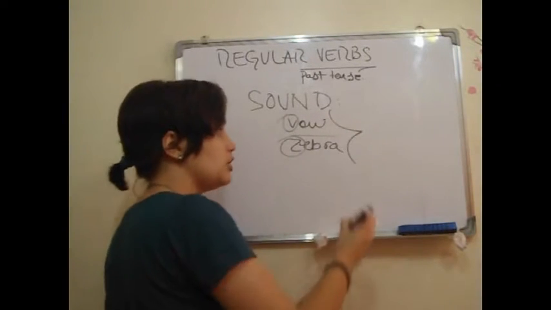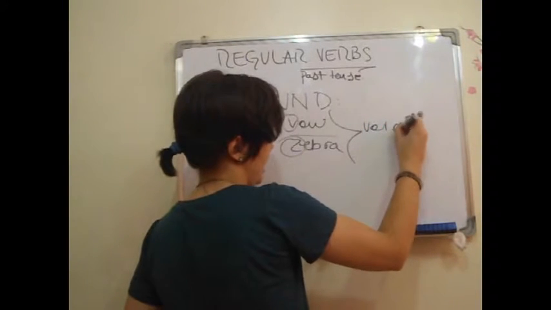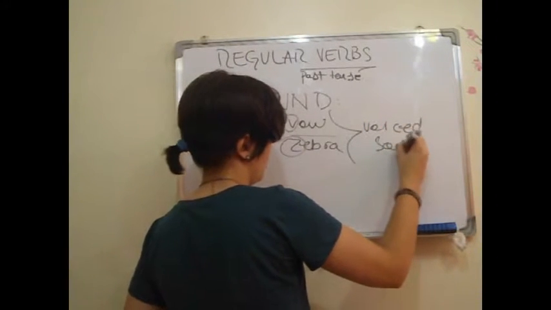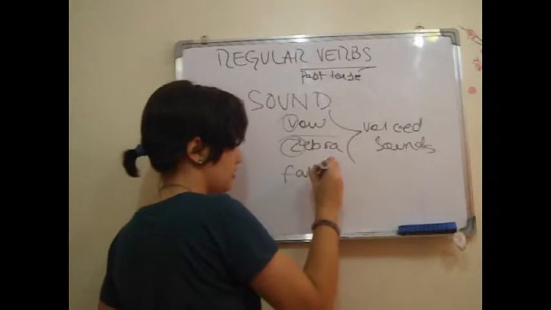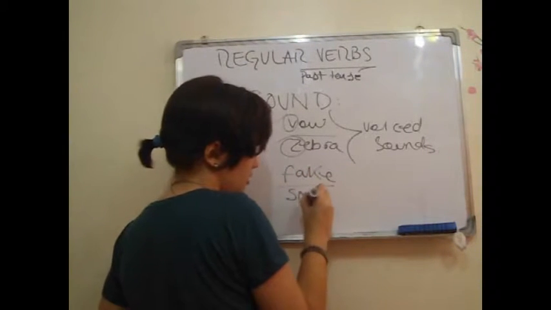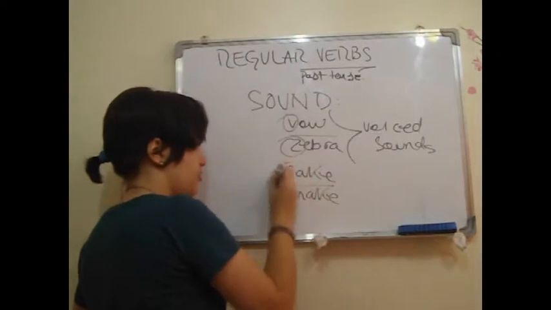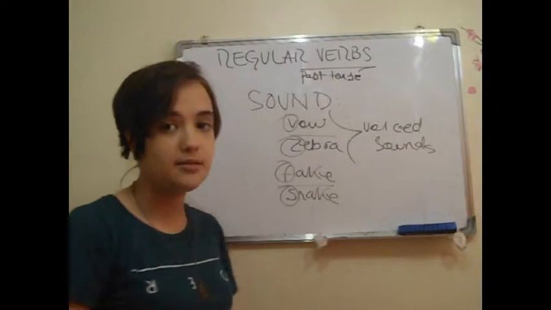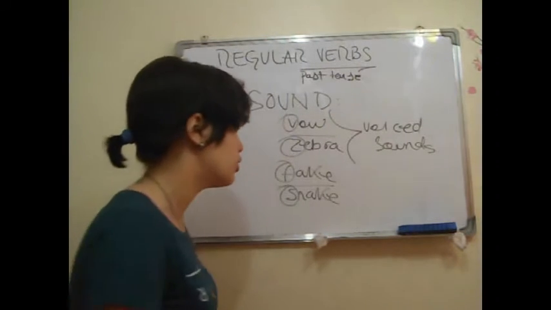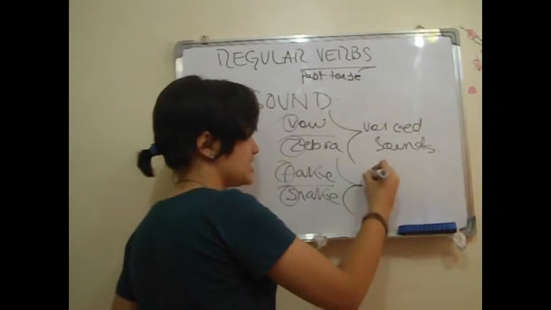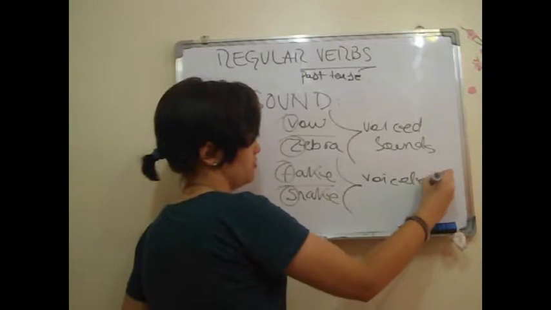This is a phenomenon known as voiced sounds, okay? On the contrary, when you pronounced fake and snake, the first letter didn't make any vibration within your cords. So that is known as voiceless sounds.